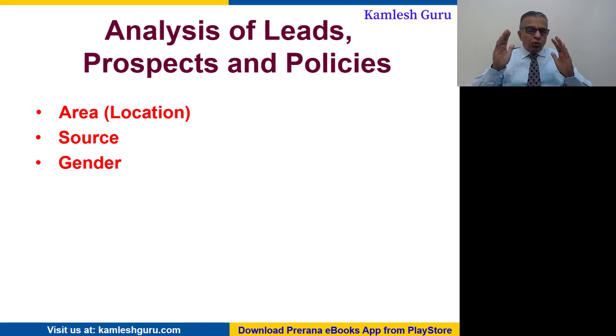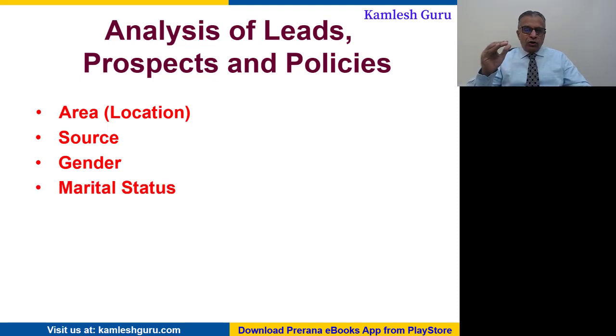Whether you are focusing only on male lives or female lives, so that you should have a combination of both. Next is marital status. Whether you are focused only on single people, married people, or people with children. Wherever you are lacking prospects, you should have prospects in each category.